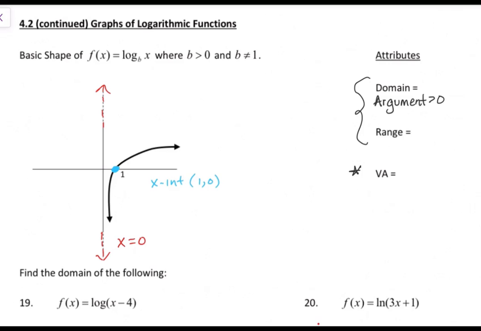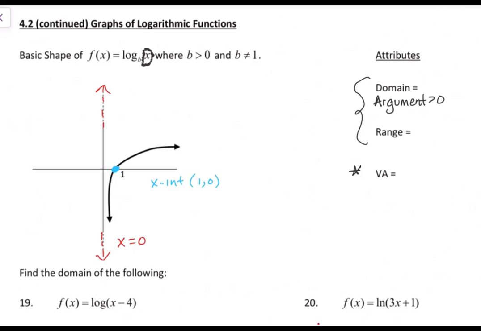When you're looking at this graph, you can see that the vertical asymptote forces the argument of this basic logarithmic function to not be negative, because the entire graph is to the right of x equal to 0, forcing every x to be positive.